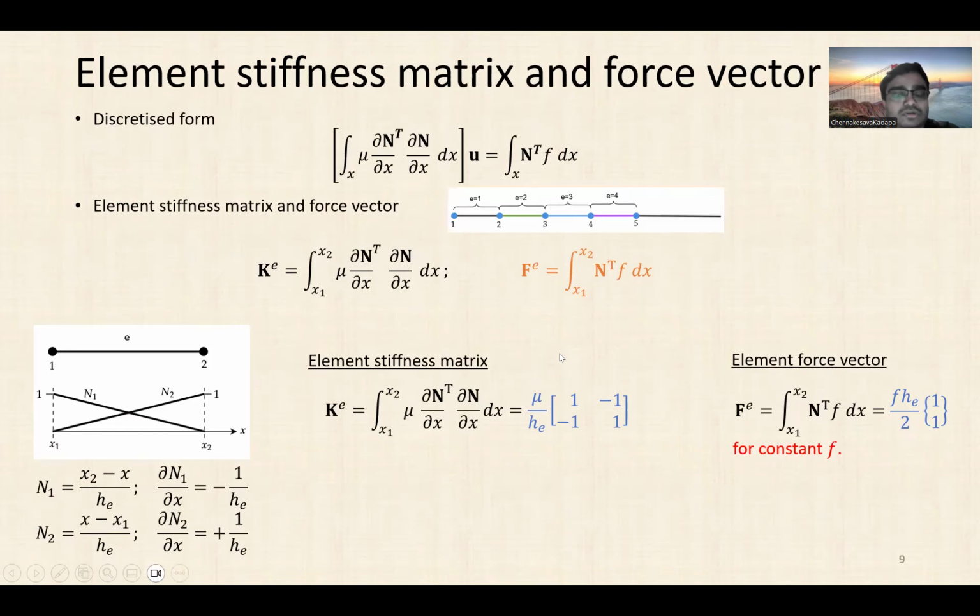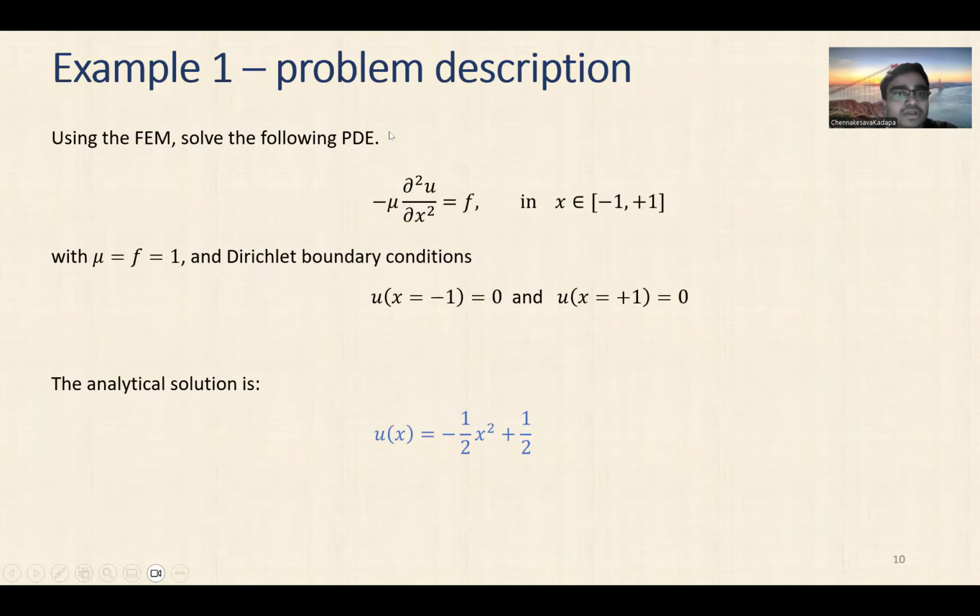Now, in order to see how we solve a problem using the finite element method, let's take an example. Here again this is our PDE, and instead of arbitrary domain limits, we have a domain going from -1 to +1.